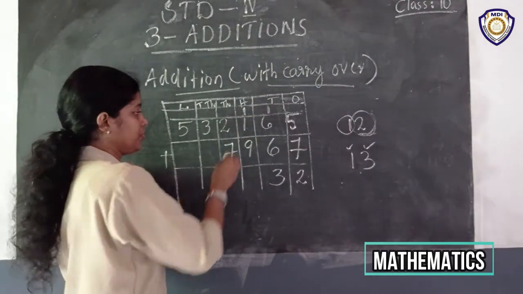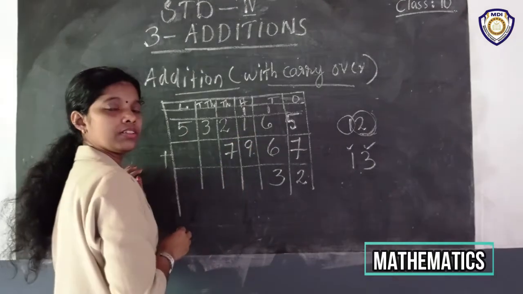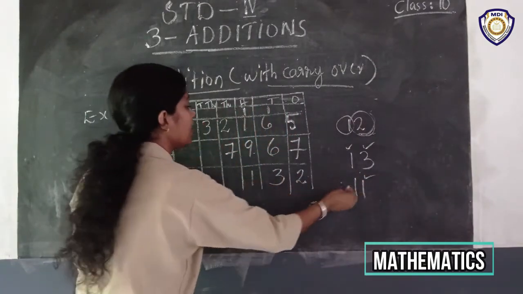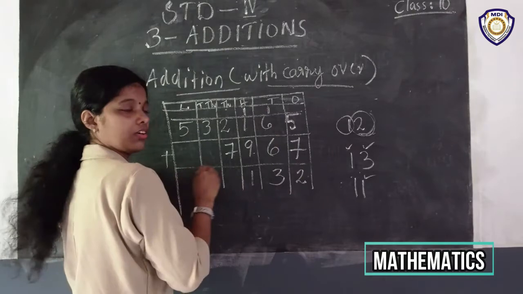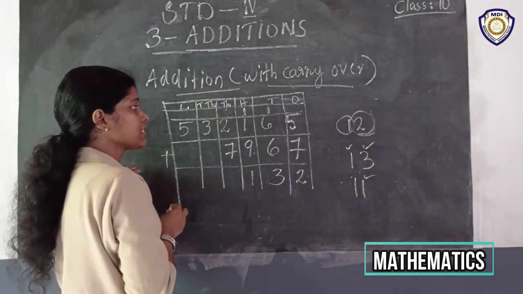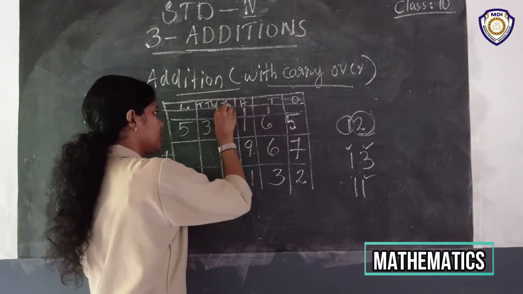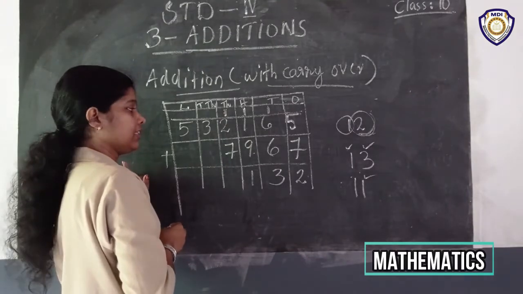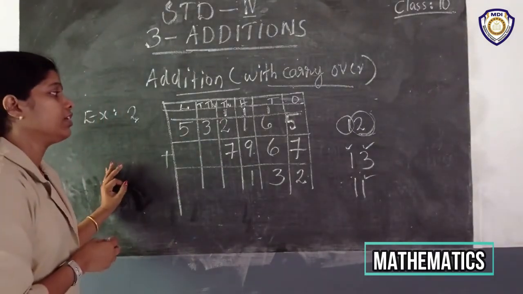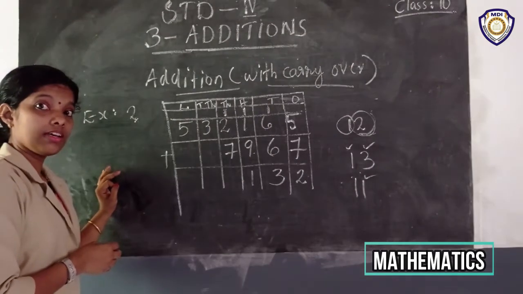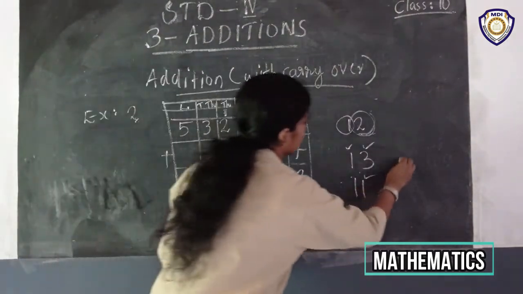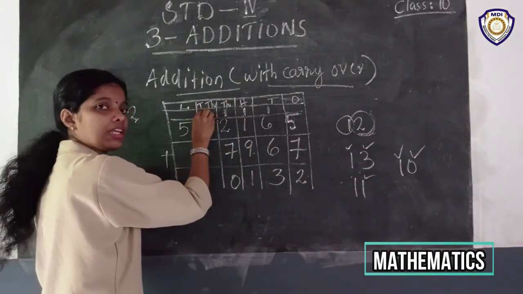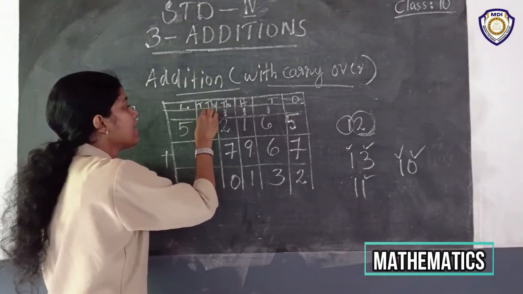1 plus 1, 2. 2 plus 9, 11. 1 is right here. Balance 1 is carried to the thousands column. 1 plus 2, 3. 3 plus 7, 10. 0 is here. 1 is carried to which place? 10,000 place.